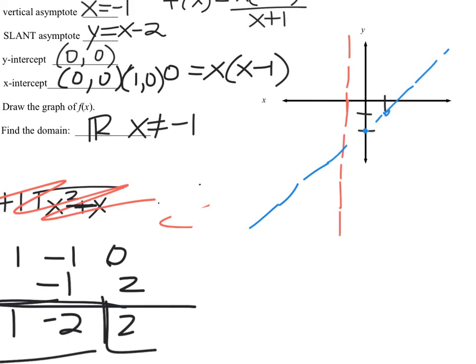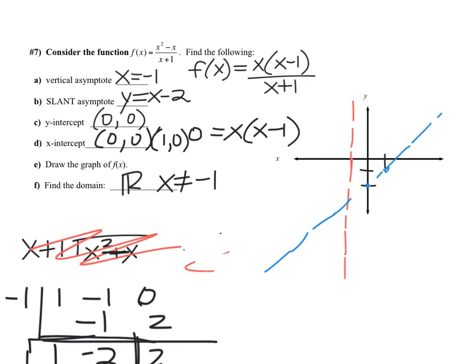So let's plot all the things that we have. Okay, we have a y-intercept of 0, 0. And then we have an x-intercept of 1, 0. Right there. So what this graph is doing right there is it's coming through like this, and then it's dipping below and going back out.